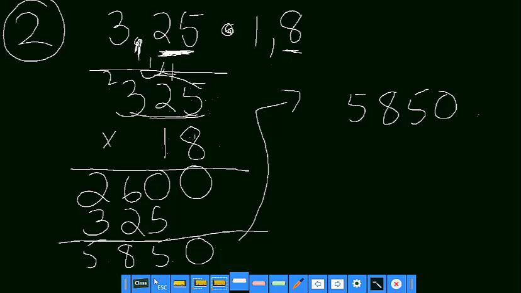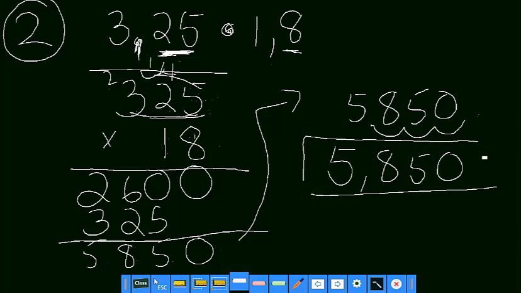So if we add it, 2 plus 1, that's going to be 3. Starting from here, we move 3 times, so it's 1, 2, 3. This is where you place your comma. So the answer is 5.850.